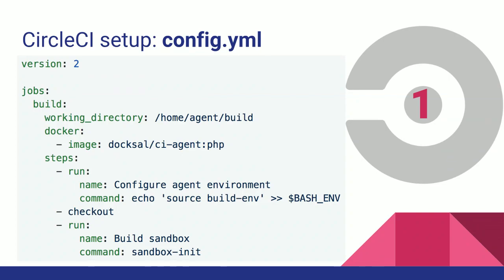And then sandboxing is a script inside of the CI agent that knows how and where to provision the environment for this project and branch on the Sandbox server. So really it all boils down to that single command that you have to run. Everything else is kind of a header that you will have all the time when you work with CircleCI.